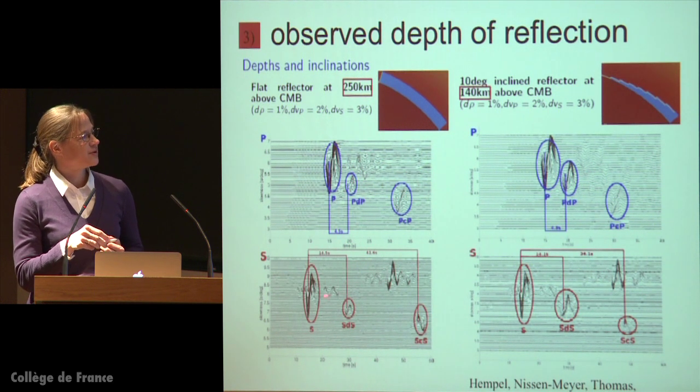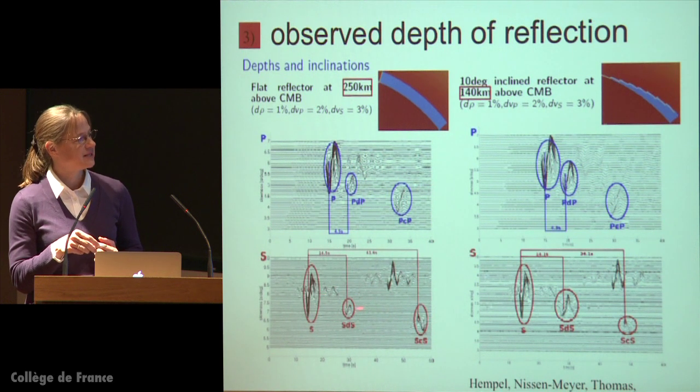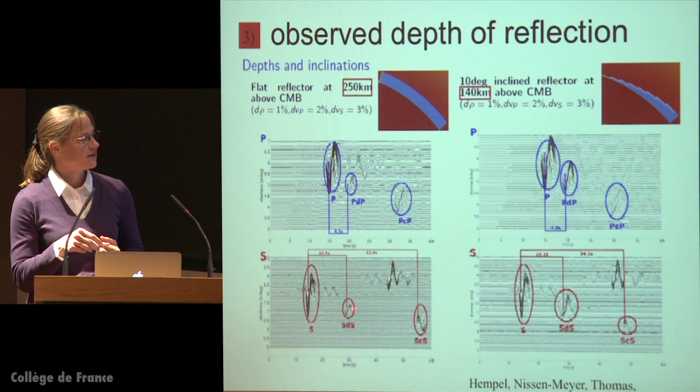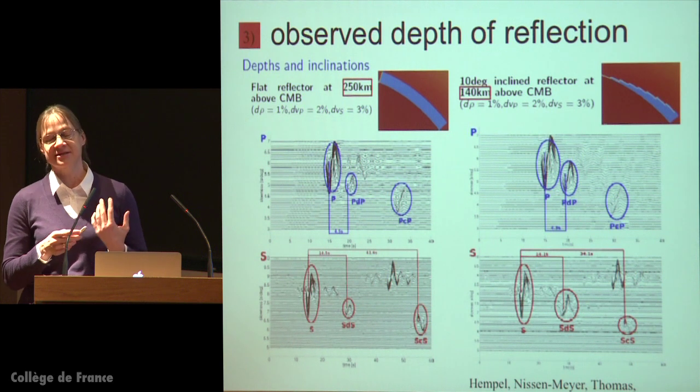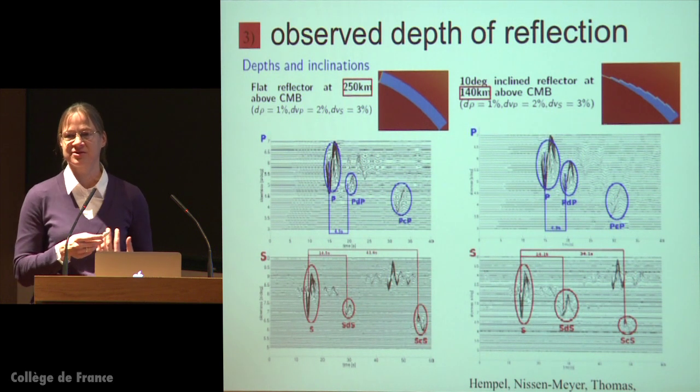So purely looking at the times between S and ScS, or S and SdS, the reflection, and ScS, the reflection from the core mantle boundary, doesn't actually help us to constrain the depth of this discontinuity.